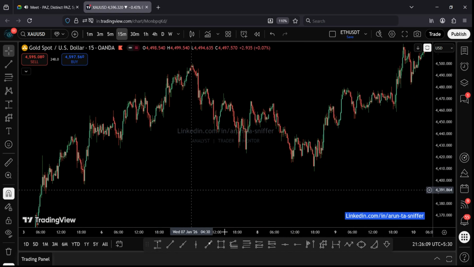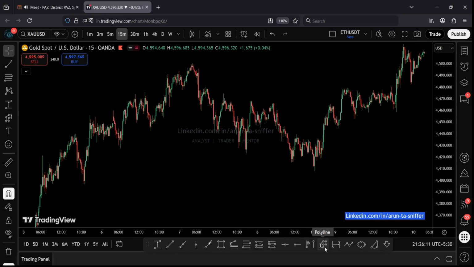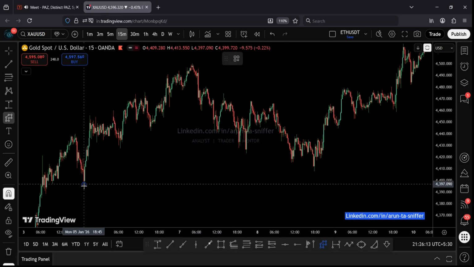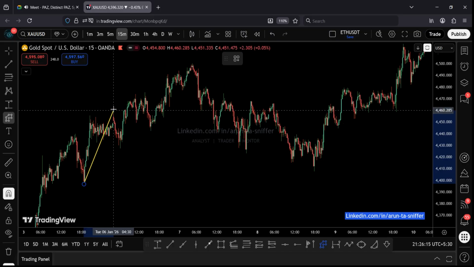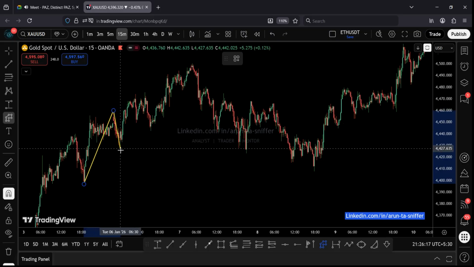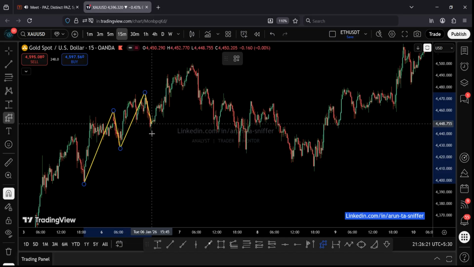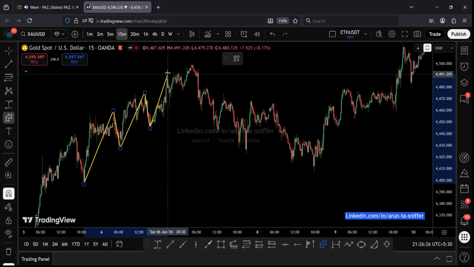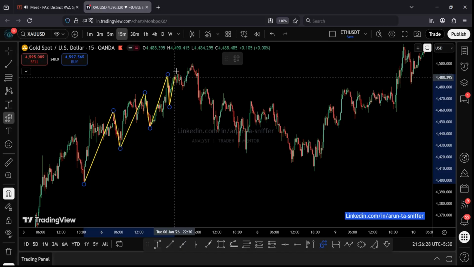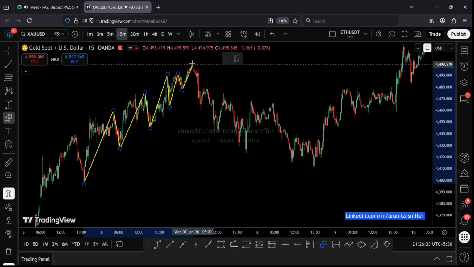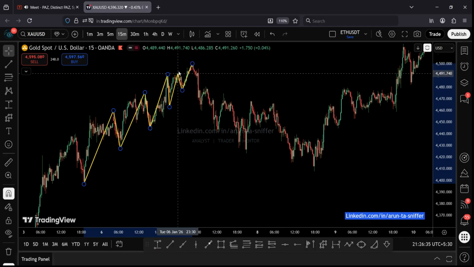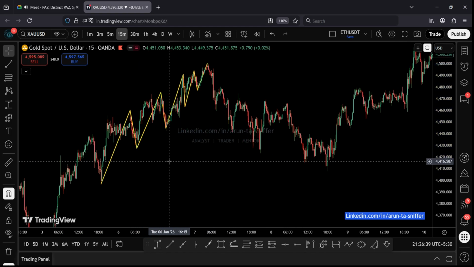Okay, what happened here? Price goes up, comes down, goes up, comes down, then goes up, comes down, goes up, comes down, goes up, like this.